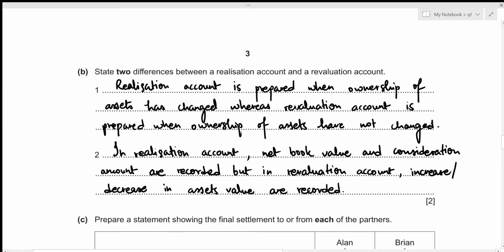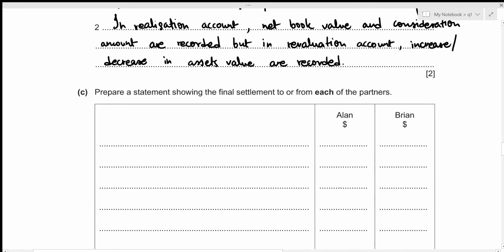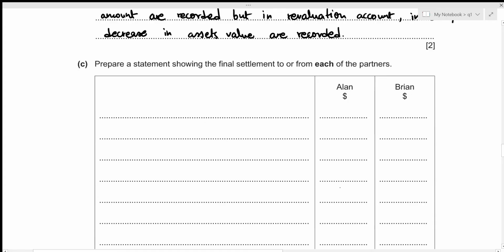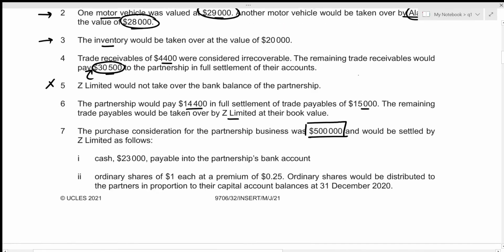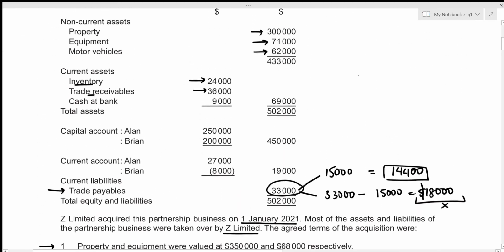Alright, this concludes the second part of this question. Now we can move towards the third one. We now need to prepare a statement showing the final settlement to or from each of the partners. Whenever we are trying to figure out the settlement amount, we obviously need to start with our capital account and then adjust the current account, right? So let's have a look at our statement of financial position to see the capital account balance for our partners.